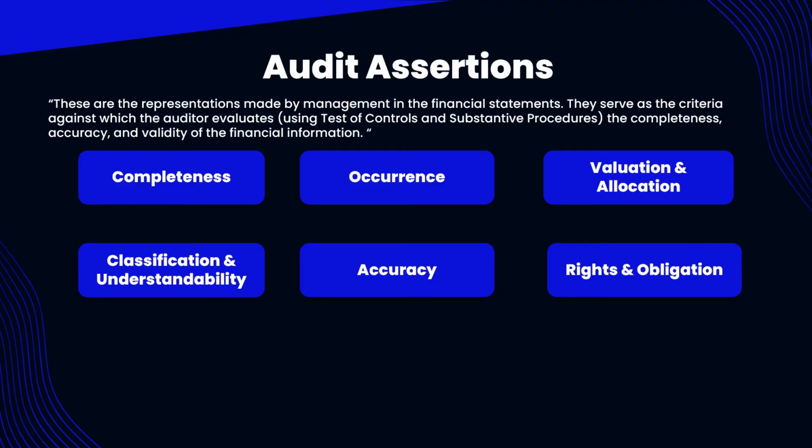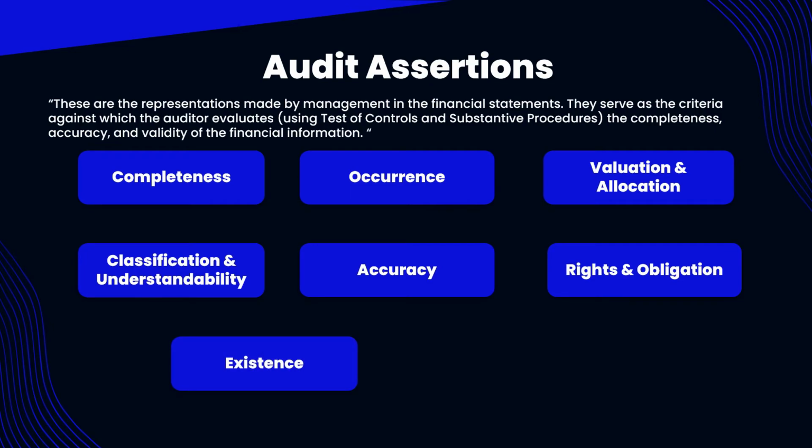However, auditors will focus on ensuring that assets are owned or controlled by the entity, and liabilities represent actual obligations. So this is a very important one because sometimes companies try to overvalue their assets and undervalue their liabilities just to show a better financial position to their stakeholders.